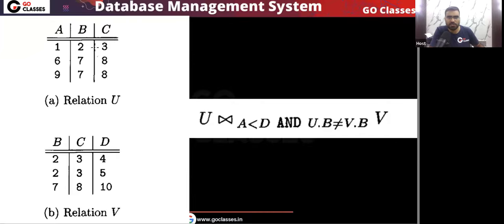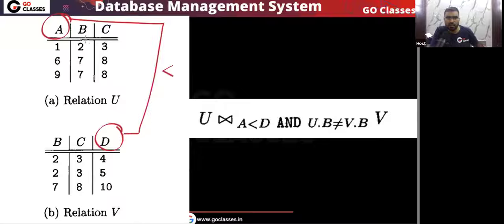Very simple. You can see tuples of U will pair with those tuples of V where this condition is satisfied. So A should be less than D. We should check that this is less than D. Next, you can see U.B is not equal to V.B. This and this, they are not equal.